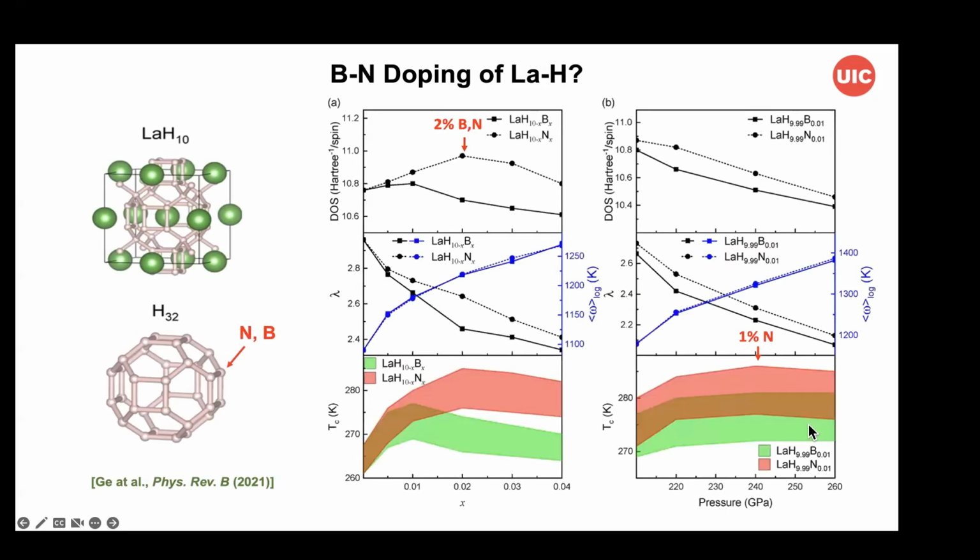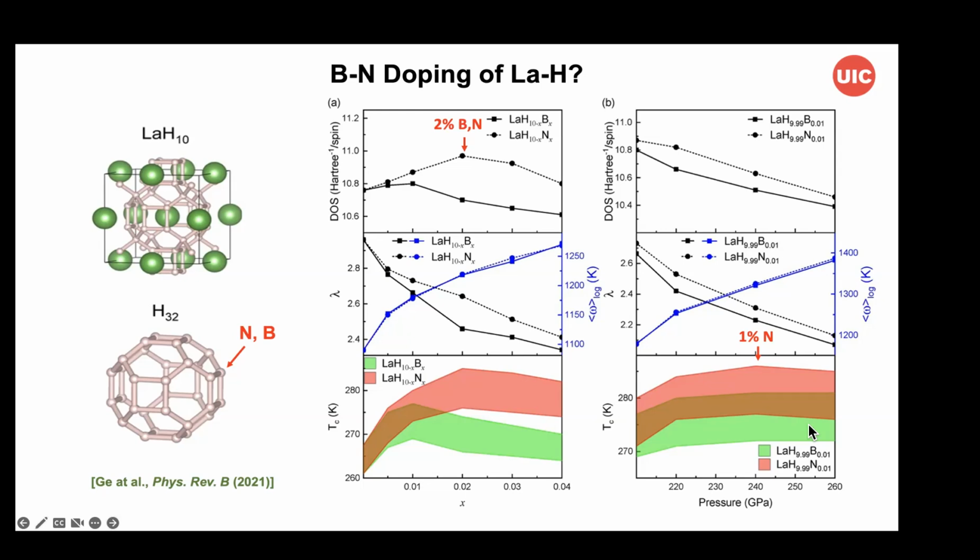So he did a number of calculations very similar to what was done with CSH, looking at variable doping, calculating lambda, calculating the density of states, and we found interesting effects, not as large as those found for CSH, but we found that just 2% doping of nitrogen, for example, could increase the density of states at the Fermi level and the TC by on the order of 20-25 Kelvin in these very simple calculations.